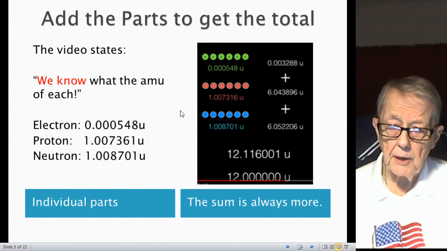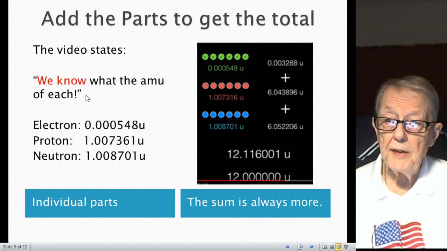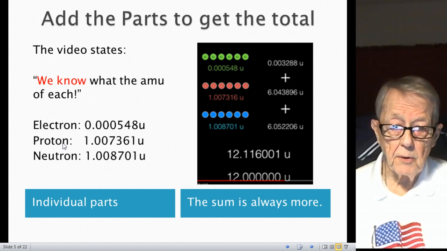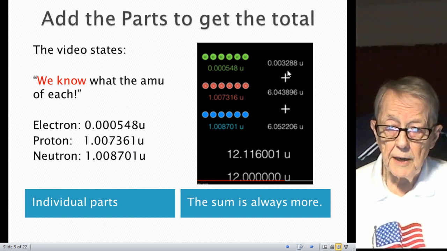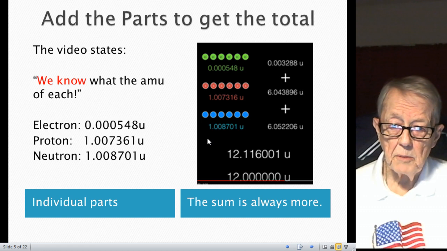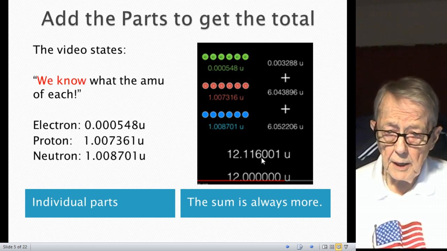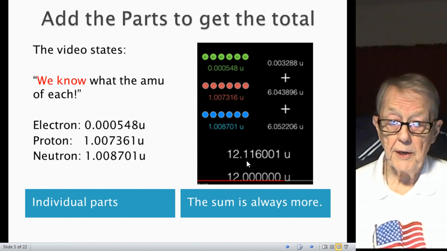So the video then says, let's take these apart and see what the mass unit of all the parts are. And he claims that we know what the AMU of each of these are, for the electron, proton, and neutron, and these are the numbers. You can read them just as well as I can. They take 6 electrons, get that much, 6 protons, you get that much, 6 neutrons, you add them all 3 up, and you don't get 12.